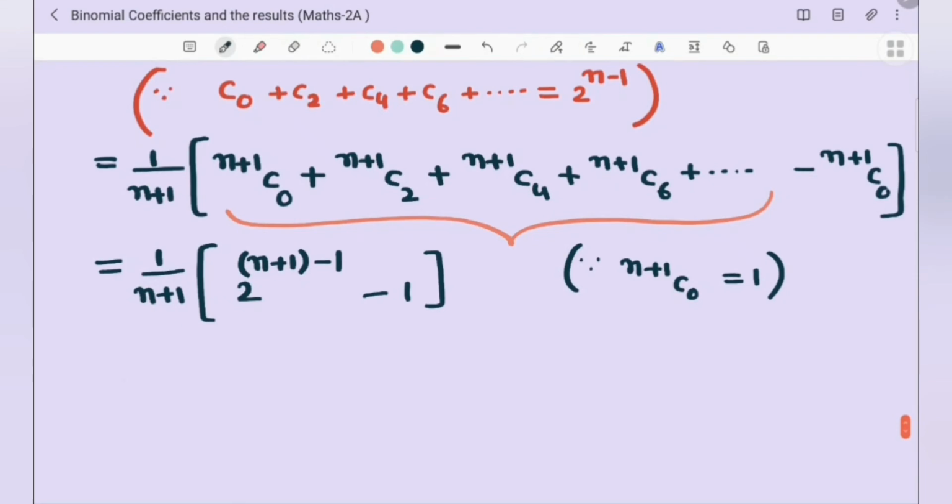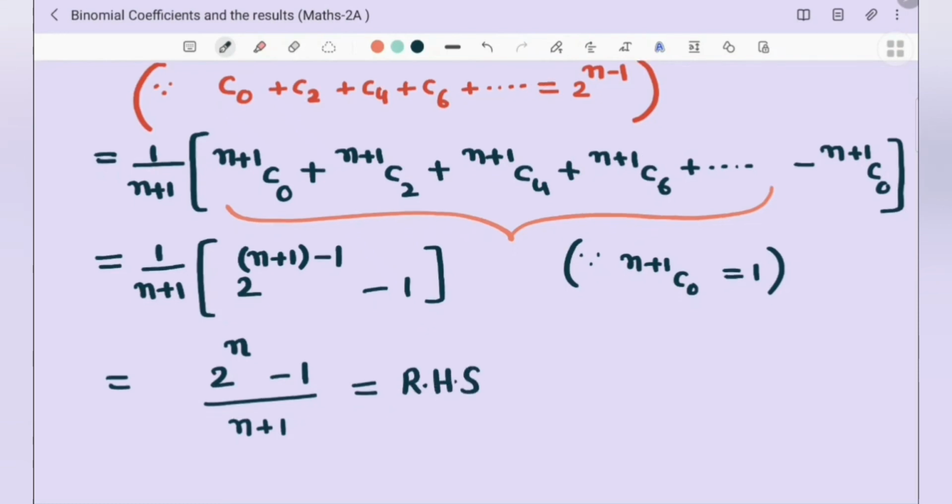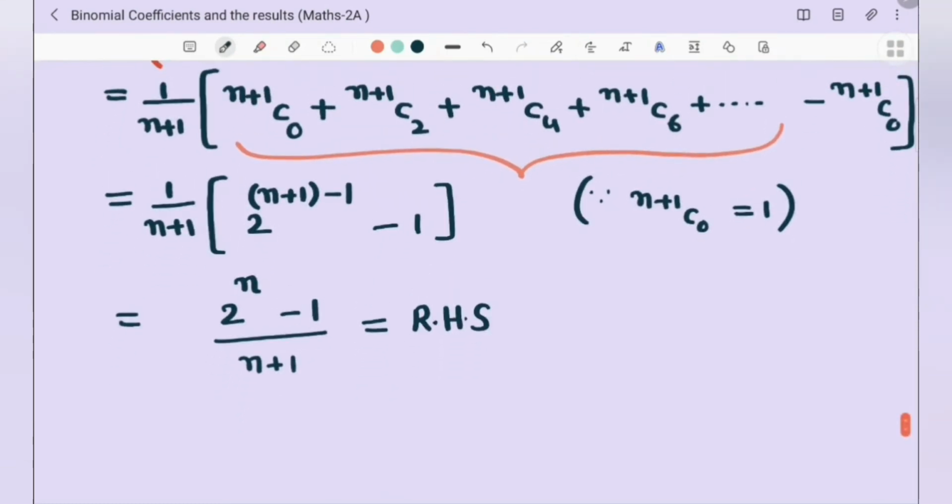So plus 1 minus 1 get cancelled. 2 power n plus 1 minus 1 cancel minus 1 divided by n plus 1, which is the required RHS. That is the conclusion step.